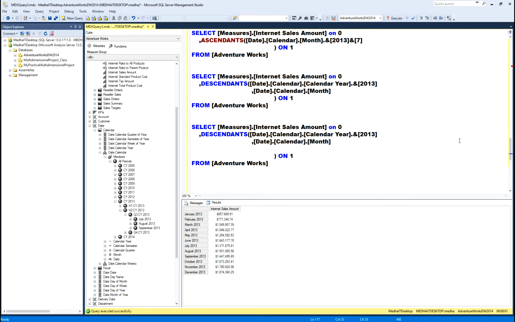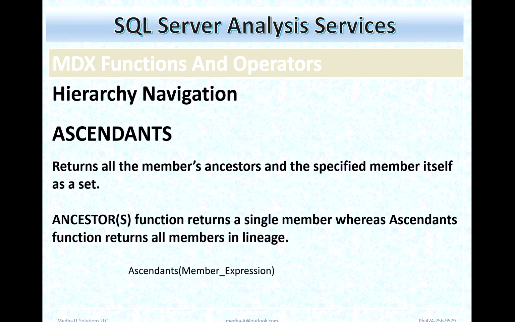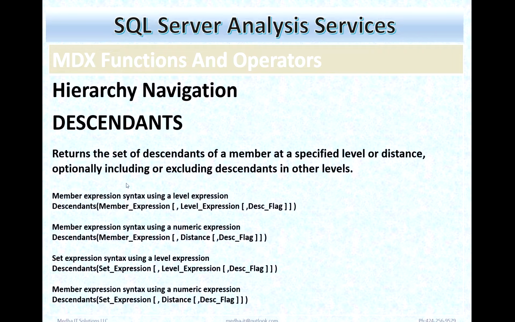And there is a third parameter in case of descendants. Okay. And if you look at the syntaxes, descendants will take member and level expression and the flag, or similarly it can take the distance as we saw with ancestors, where you can specify what distance you want to go, 2, 3, the relative distance.